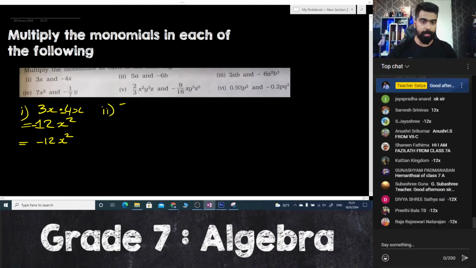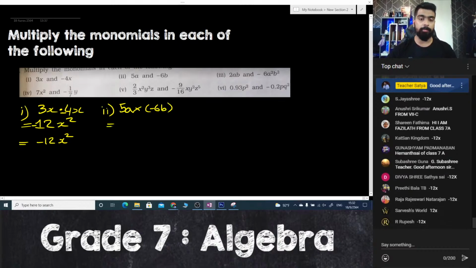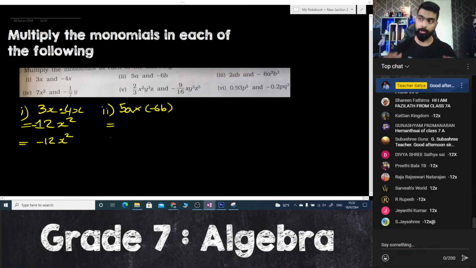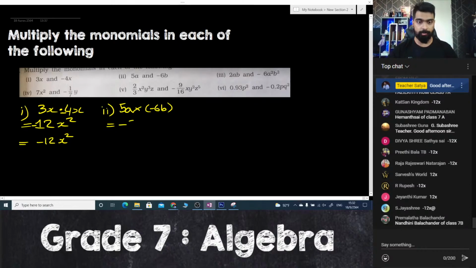So we have 5a multiplied with negative 6b, all right, guys? Again, we are going to multiply the numbers with the numbers. 5 multiplied by negative 6 is going to give us negative 30, right?